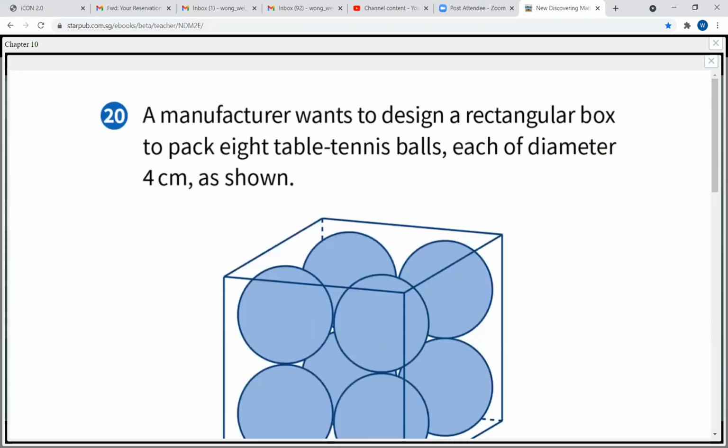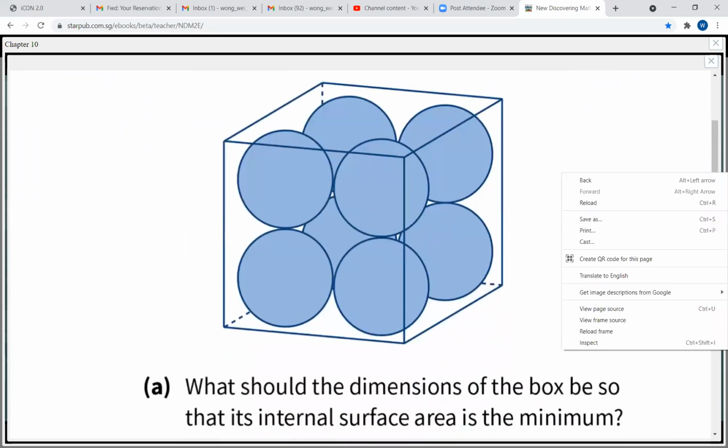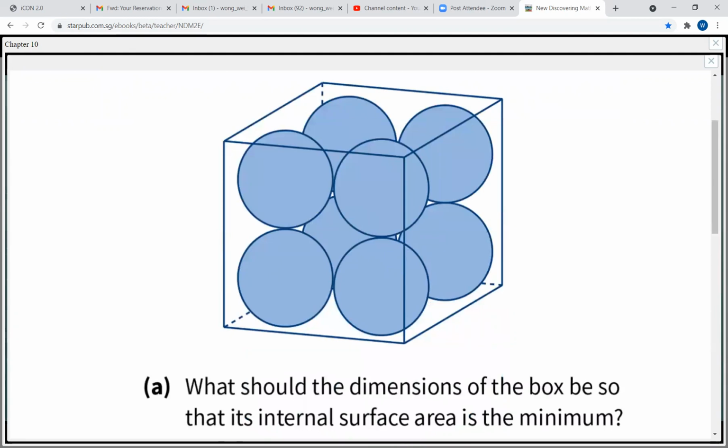Okay, rectangular box to pack 8 table tennis balls, each of diameter 4 cm as shown. Dimensions of the box so that internal surface area is the minimum. For it to be minimum, I need the top of the box to be touching the top of the ping pong ball. I need the sides to be all touching.